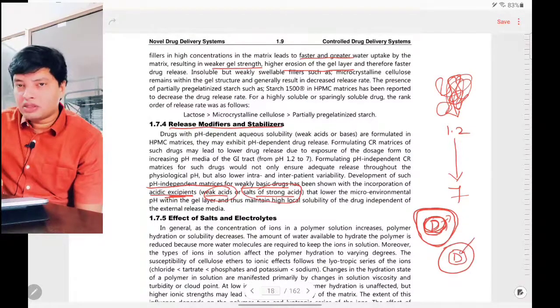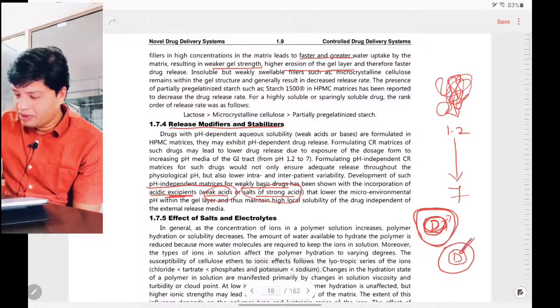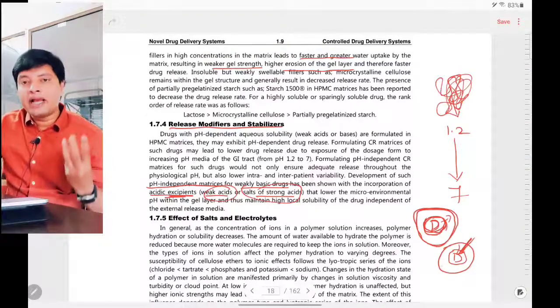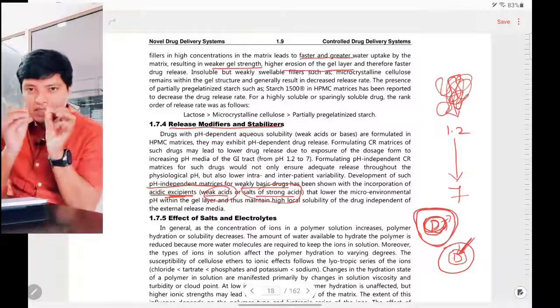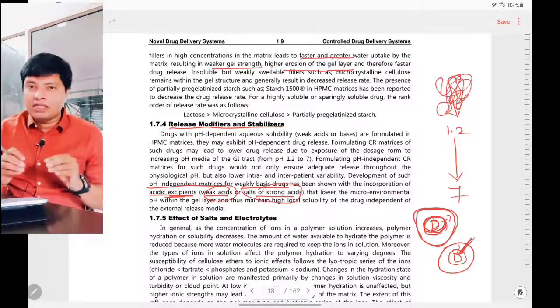Now what happens, as water passes through this filler, or you can say the pH independent polymer I will be using here, it dissolves the excipient that is acid or base, which is used for creating the microenvironmental pH. So the environment around the drug particles, that microenvironment, only that pH will be changed. Why am I changing this?